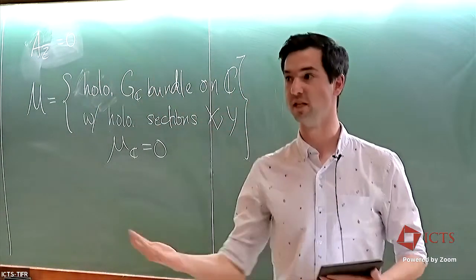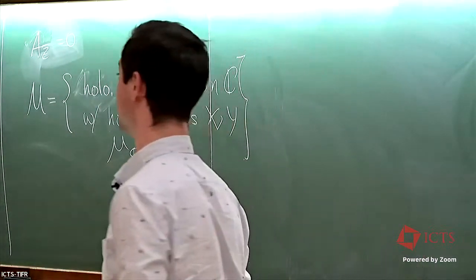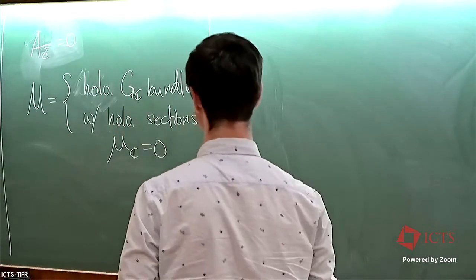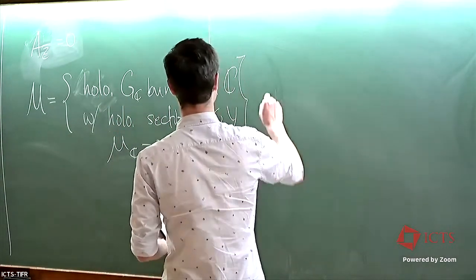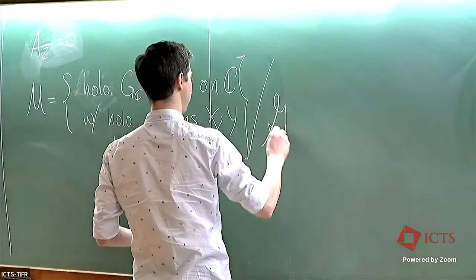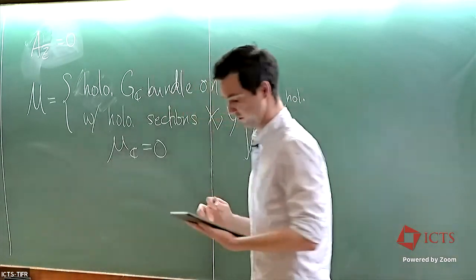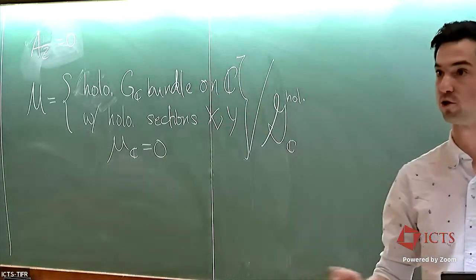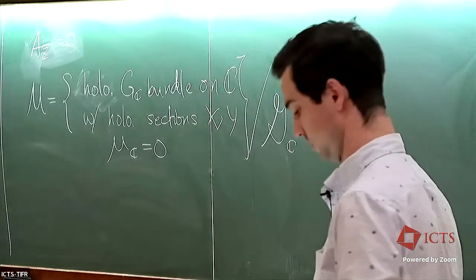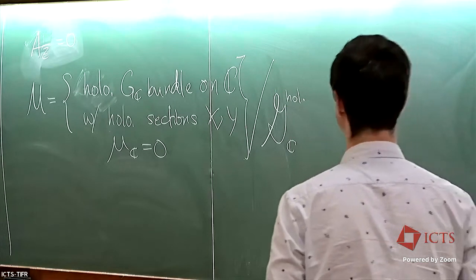And we also need to reduce the gauge transformations to those that preserve this holomorphic frame. So we're going to quotient by G_C, and I'll put a superscript hol to indicate that it's a holomorphic gauge transformation that I'm now imposing equivalence under.